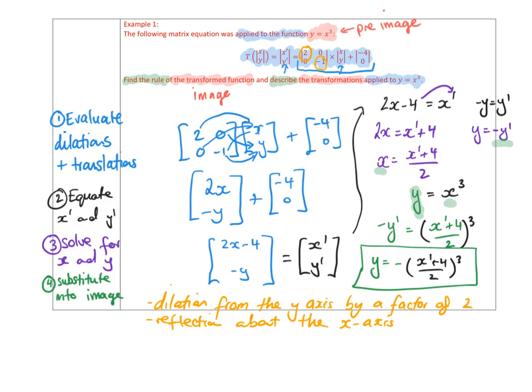Finally, when we're looking at our translation matrix, we can see that there's no translation of y, as there's nothing being added to y, but there is a translation of -4 in the x. Now if we're subtracting 4, that means we're moving in the negative x direction, and so we describe this as a translation 4 units along the x-axis in the negative direction.